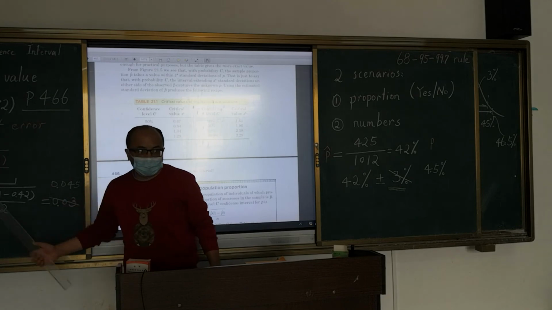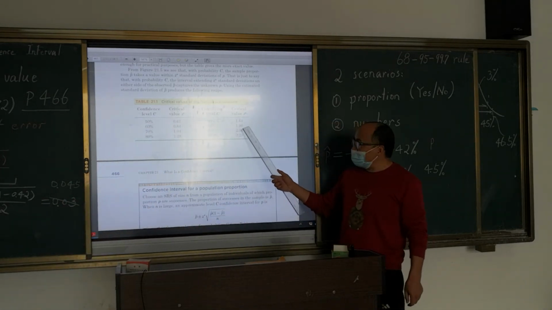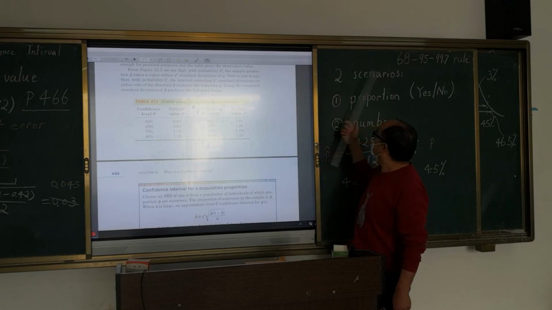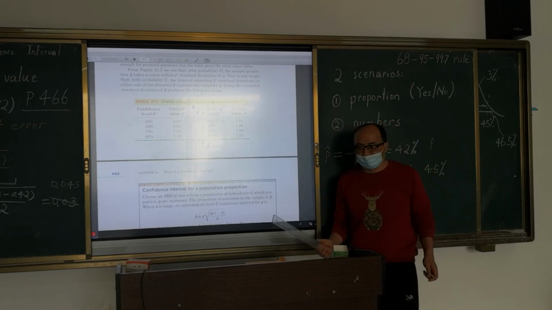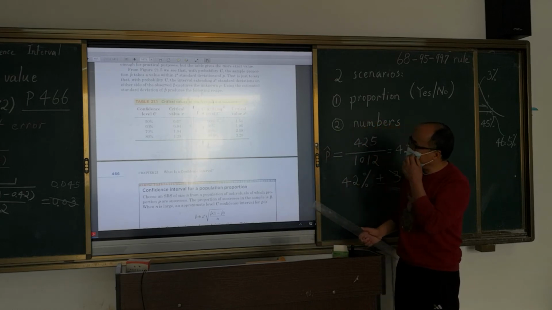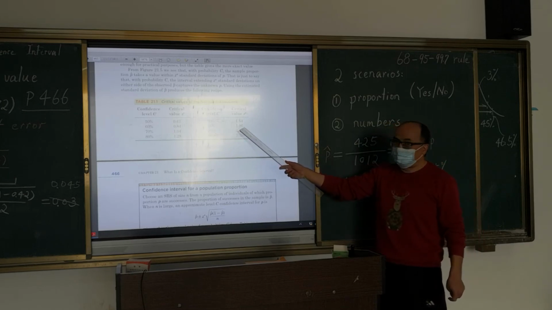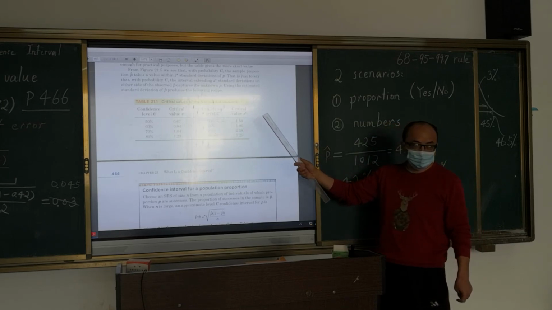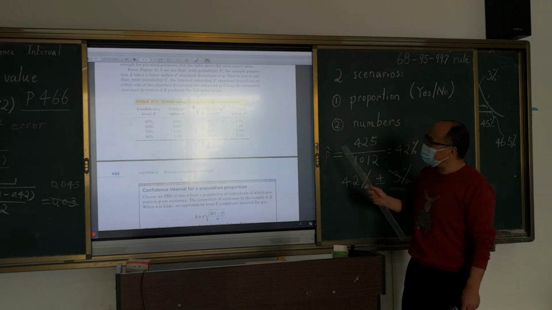So they choose 2. Sometimes we use 1.96, sometimes we use 2, depending on whether you want to show off or not. Actually it's 1.96. If you round up, then that's 2.